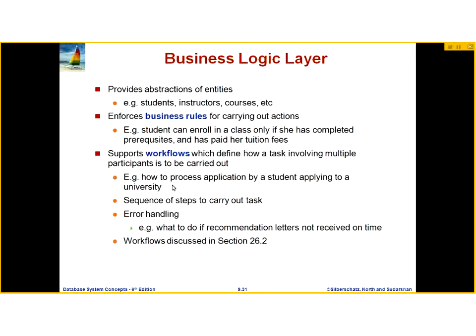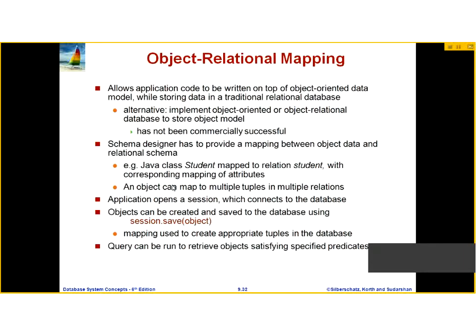These are some details for your own reading about business logic layers. Sometimes you perform object-relational mapping, which allows application code to be written on top of object-oriented data models while storing data in a traditional relational database. This is concerned with your implementation, how you implement your database and access it.